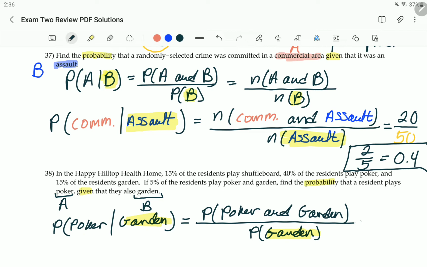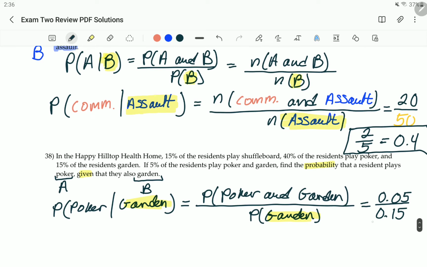Now let's write the percentages as decimals. Poker and garden, that is 5%. 5% as a decimal is 0.05. Garden is our denominator, and it says 15% of residents garden. So that's going to be 0.15 in our denominator. When we divide this, rather, we can reduce this.